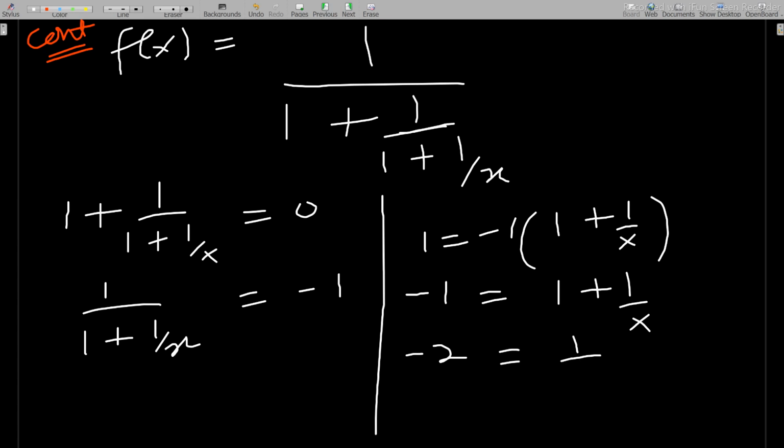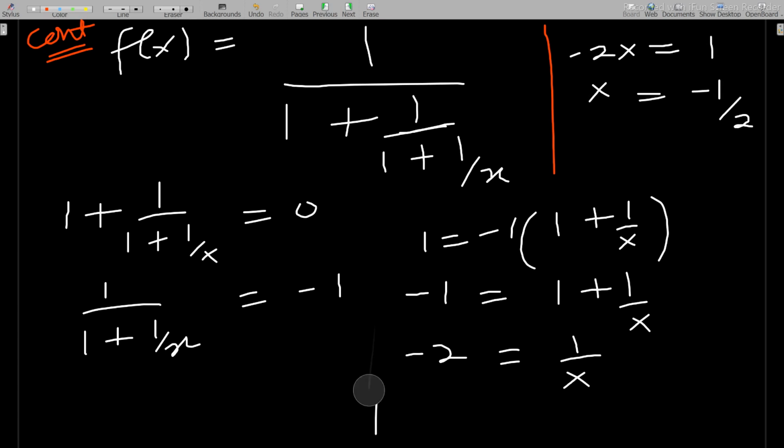Now if I reciprocate them, or cross multiply, I get negative 2x is equal to 1, so x is equal to negative half. So for the whole of the denominator to be equal to 0, x should be equal to negative half.